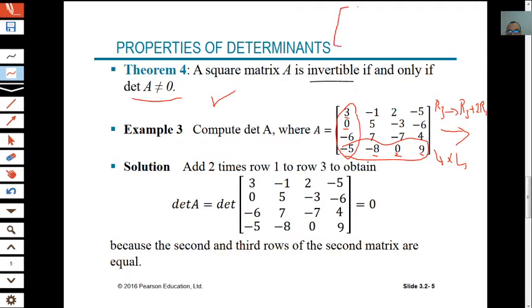So we obtain 3 minus 1, 2, -5, 0, 5, -3, -3, -6, and the third row becomes 0, -2 plus 7 becomes 5, 4 minus 7 becomes -3, -10 plus 4 becomes -6, -5, -8, 0, 9.